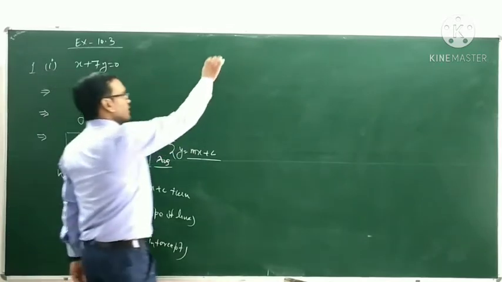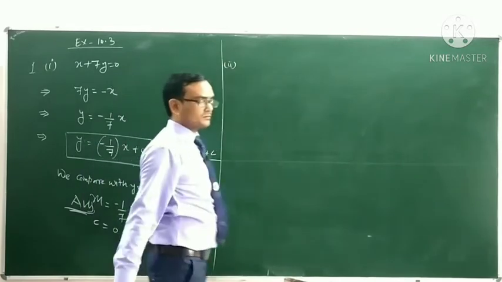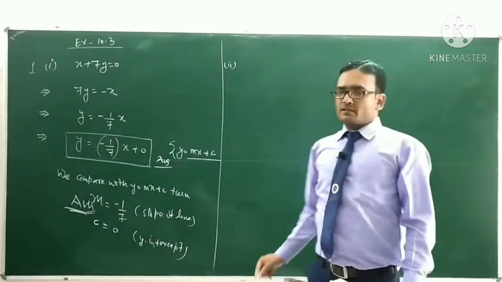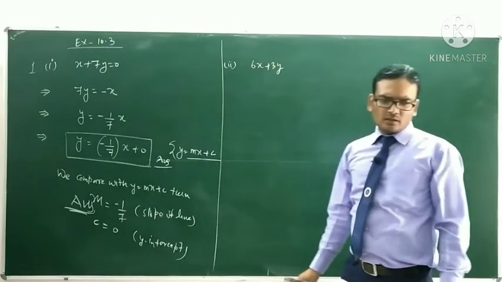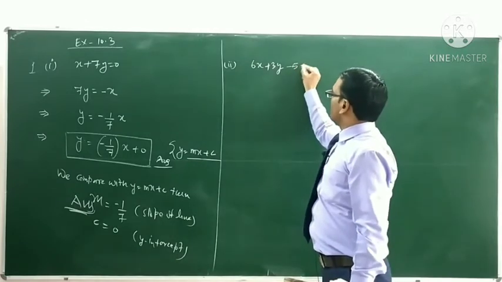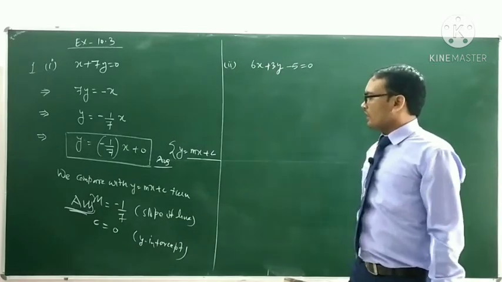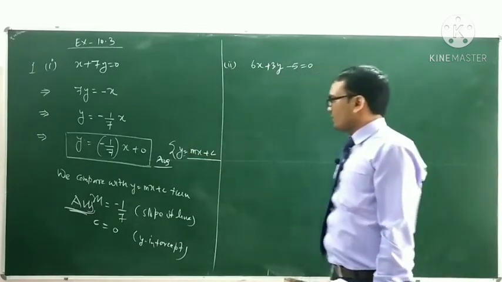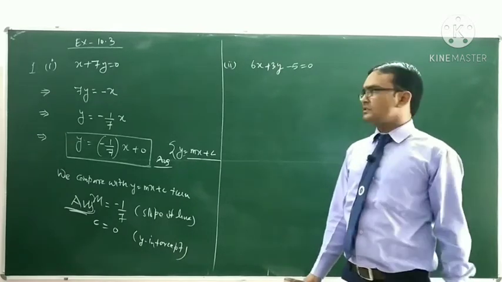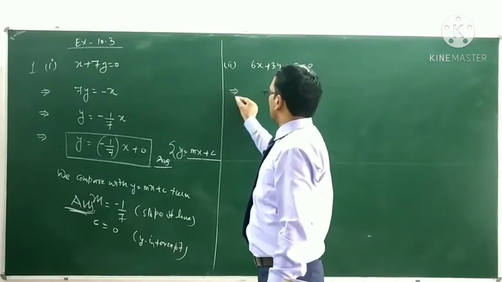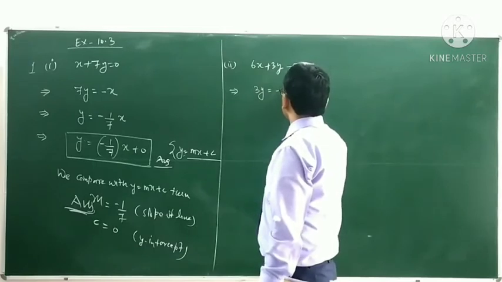Similarly we solve question number 2: 6x plus 3y minus 5 equal to 0. We reduce this equation in the form of y equal to mx plus c and find the value of m and c. This equation is also written as 3y equal to minus 6x plus 5.